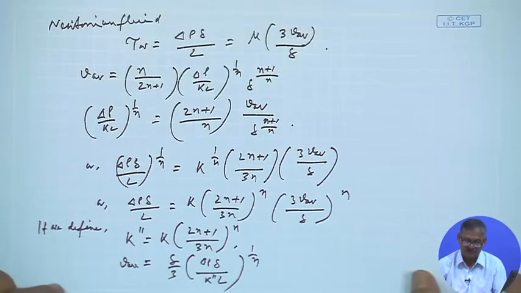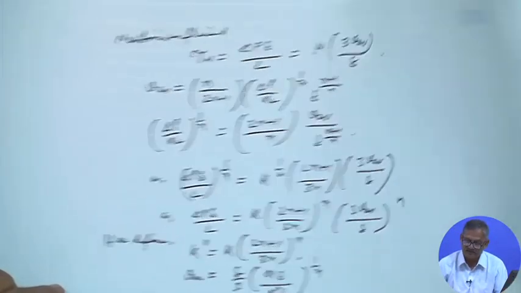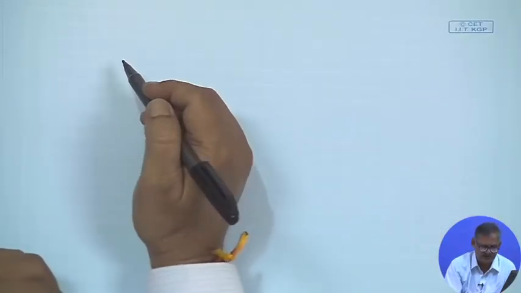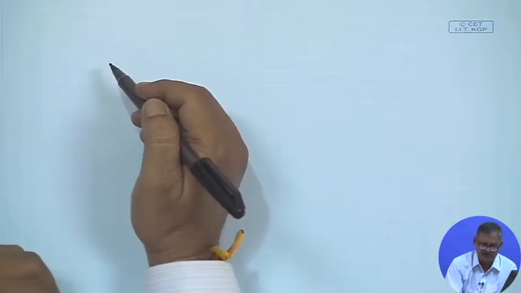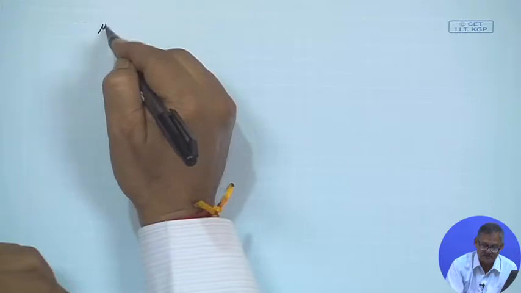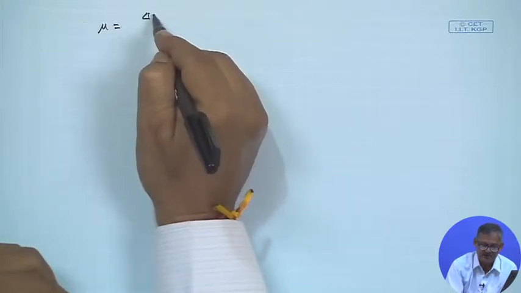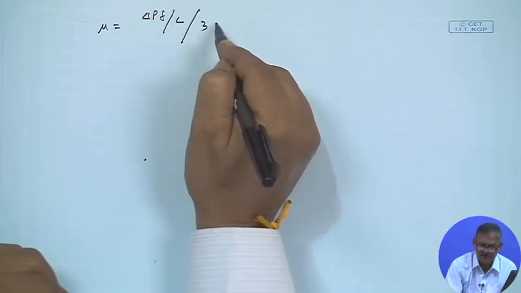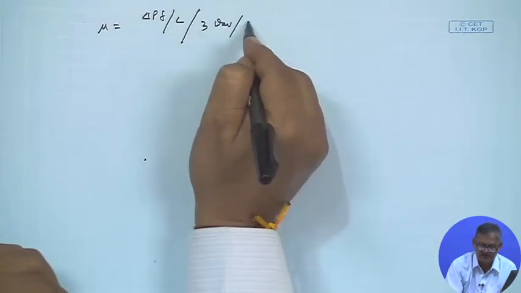So, we established earlier that for non-Newtonian liquids through a slit, mu is equal to delta P del by L over 3 V average by del.